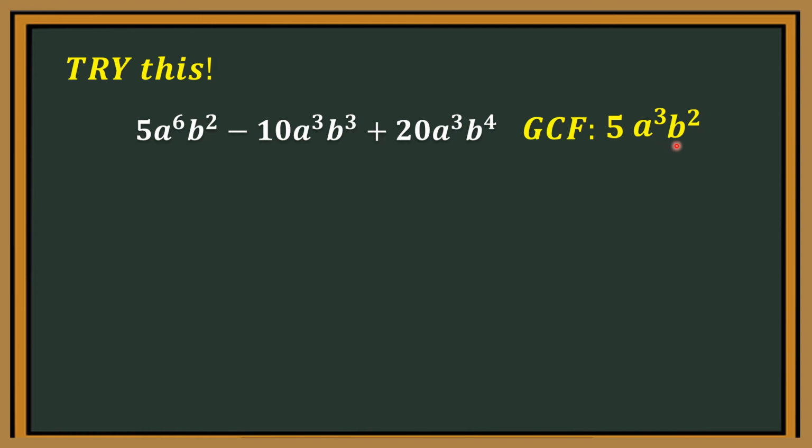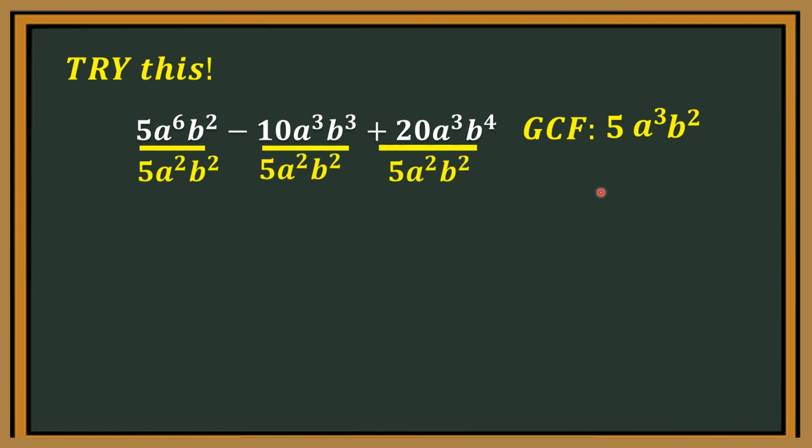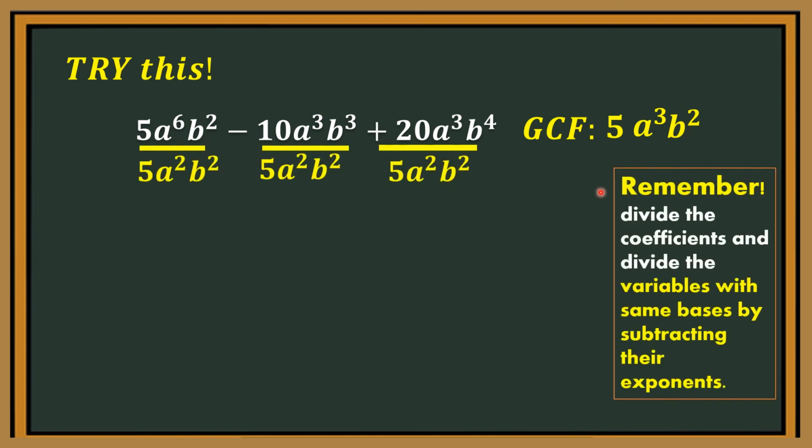To get the second factor, we're going to divide each term by the greatest common factor, 5a cubed b squared. Always remember, divide the coefficients and divide the variables with same bases by subtracting their exponents. So let us start.